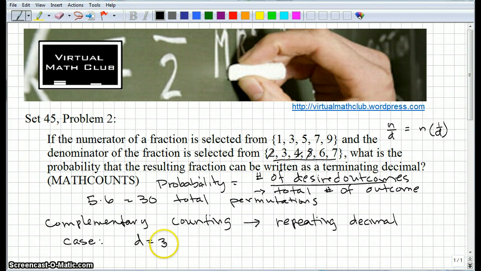When the denominator is 3, the numerators that give us repeating decimals are what? 1, 5, and 7. 3 over 3 is 1, so that's not, and 9 over 3 is 3. So we have 3 possible cases there.